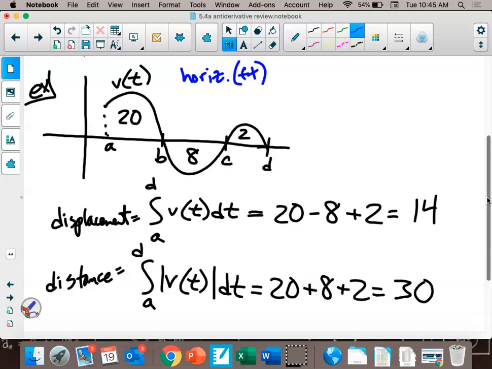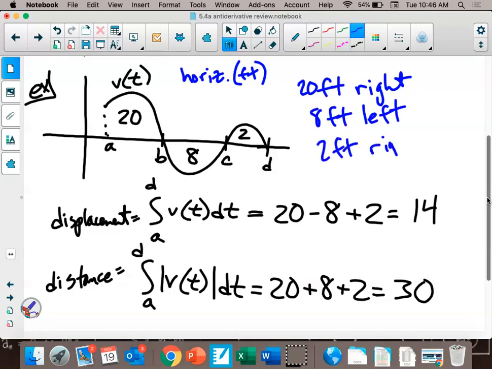From this graph, from whatever our starting point was, we moved 20 feet to the right, then we moved 8 feet to the left, and then we moved 2 feet to the right.